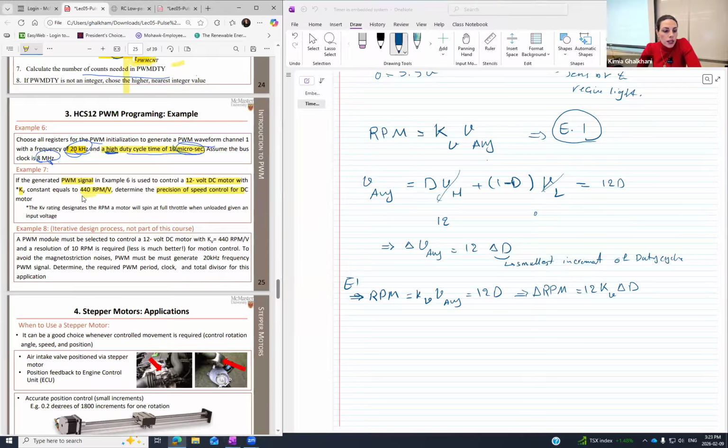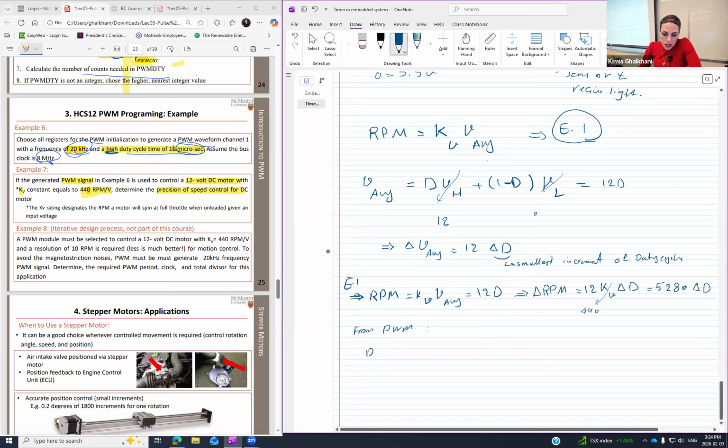Look at here from here. KV is given. Therefore, I can just say, what is this? This is 440 from the example. And then I can now calculate. This is going to be 5,280 delta D. Now from the PWM, what do I have?